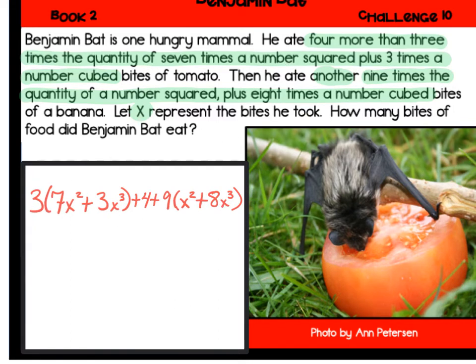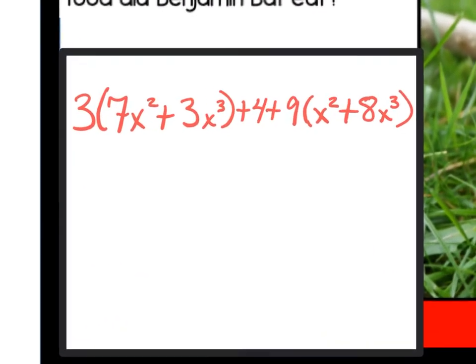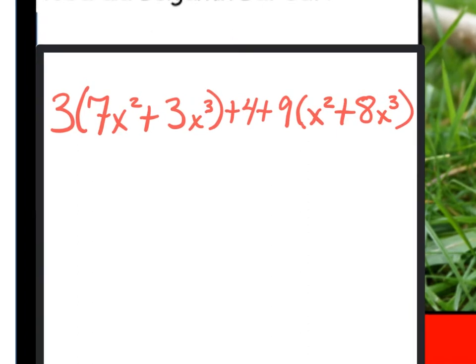So now our next step is to use the distributive property here and here to simplify this one step further. So let's go ahead and do that. I'm going to make a little bit more room, and we're going to start distributing. So the 3 gets distributed across both terms in this parentheses, right? So 3 times 7 is going to give you 21.